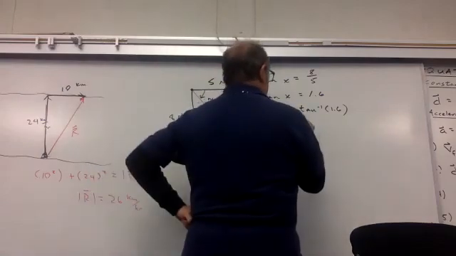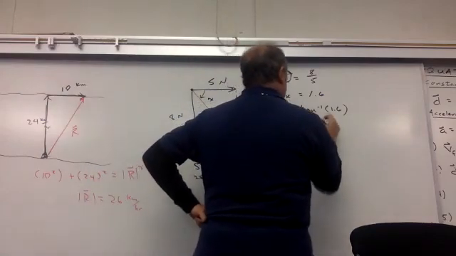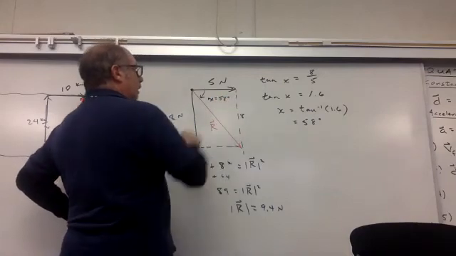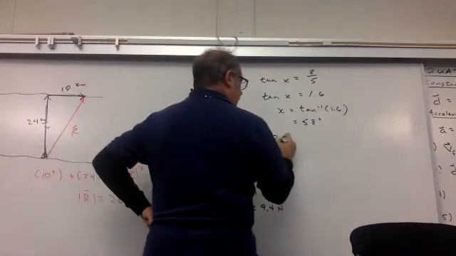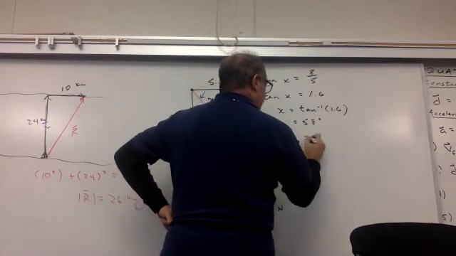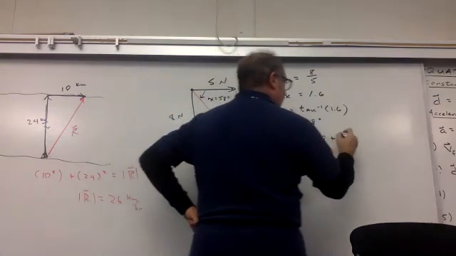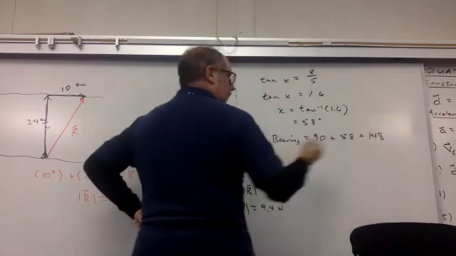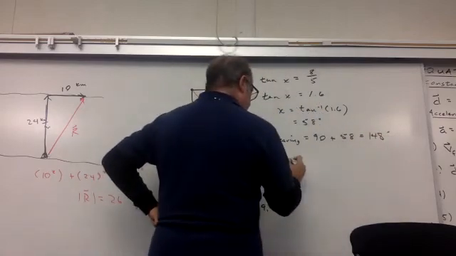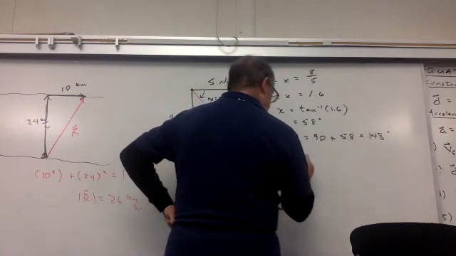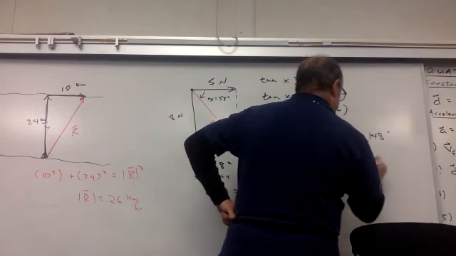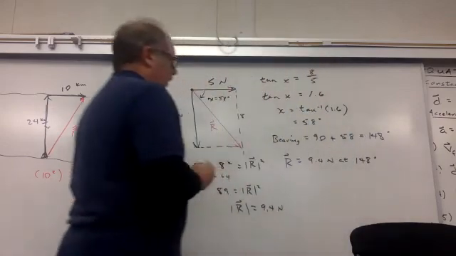So this is 58 degrees. I tack that onto 90. So the bearing is 90 plus 58, 148. And so my resultant vector was 9.4 newtons at 148 degrees.